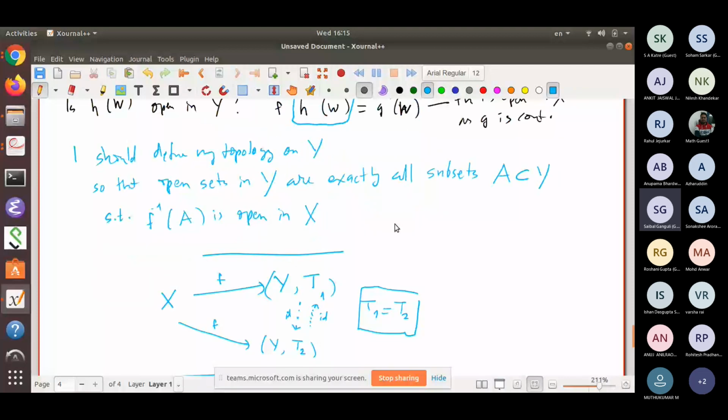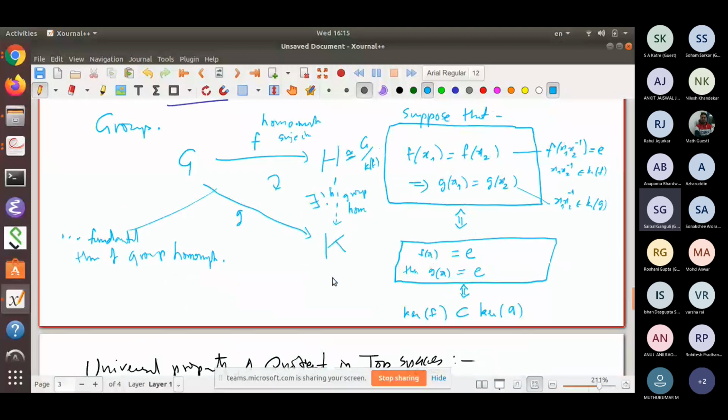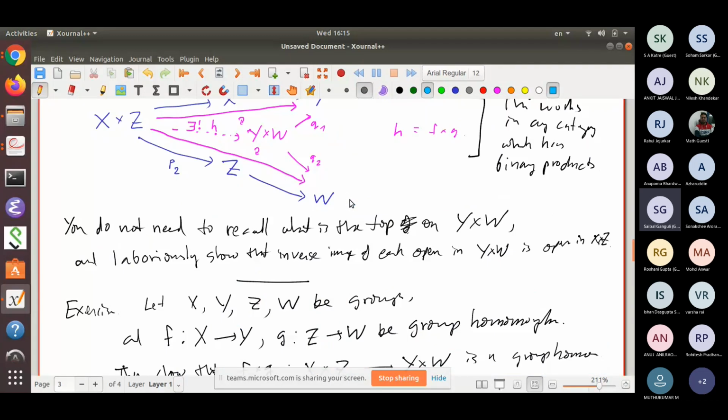So what is it in topological spaces? You need a particular special topology here for this map to be a quotient map. Being continuous is not enough. In groups, the analog of continuous is a homomorphism, and a surjective homomorphism already has the quotient universal property. And in sets, any surjection has the quotient universal property.